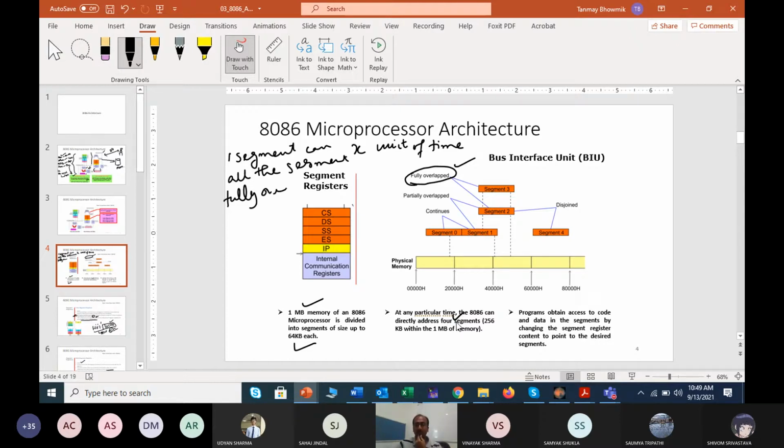So the question can be like this: how much duration of time do you need to access the whole memory.